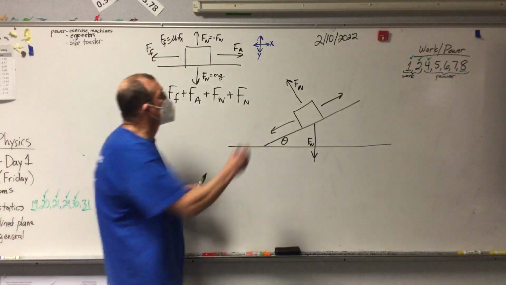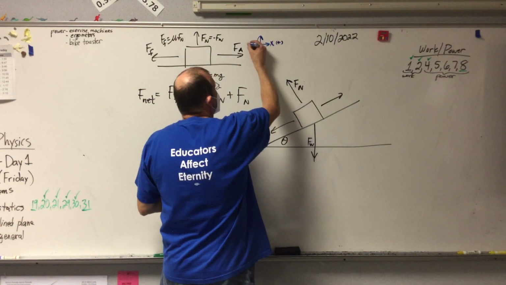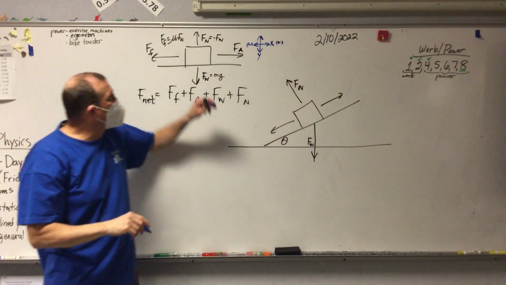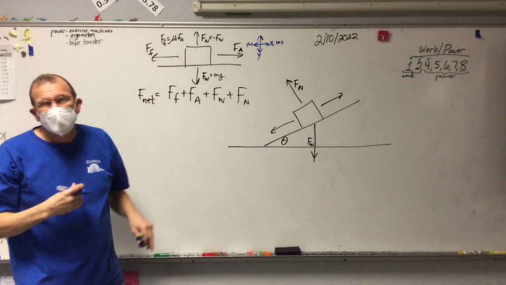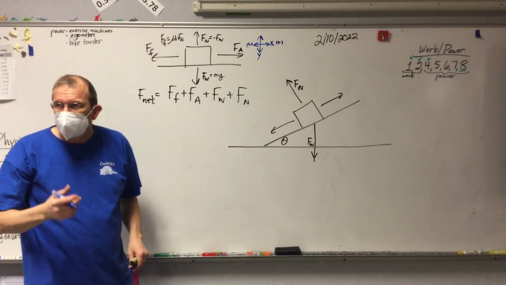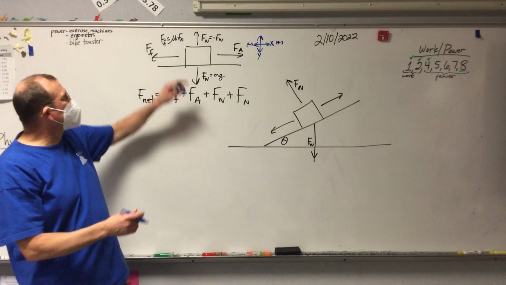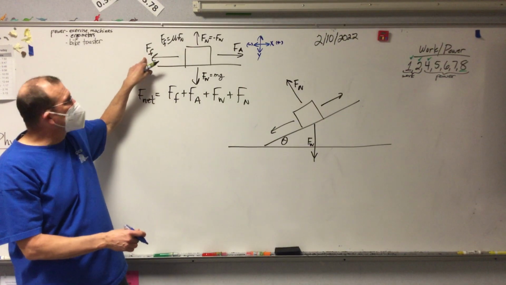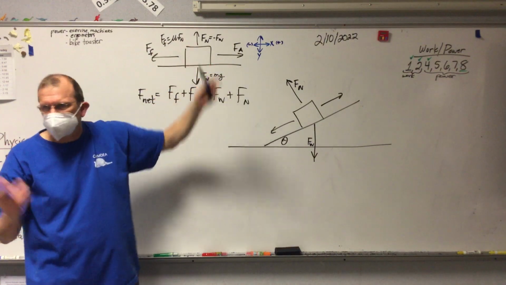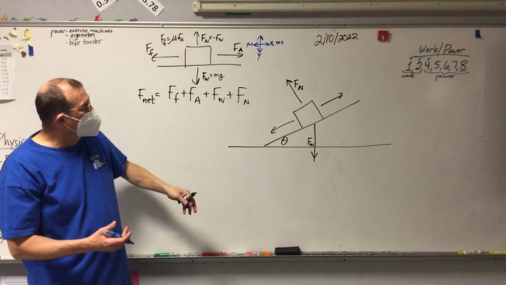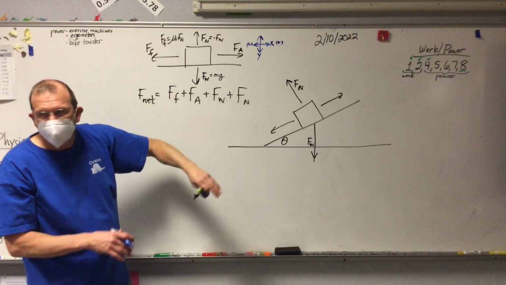Right was positive, left was negative. And in any problem that I'm aware of that involves friction, friction is always going to be a negative thing. So you could say, I know friction's got to be negative, so if this thing points opposite of that, it's got to be positive. We can use that when we get to our inclined plane.